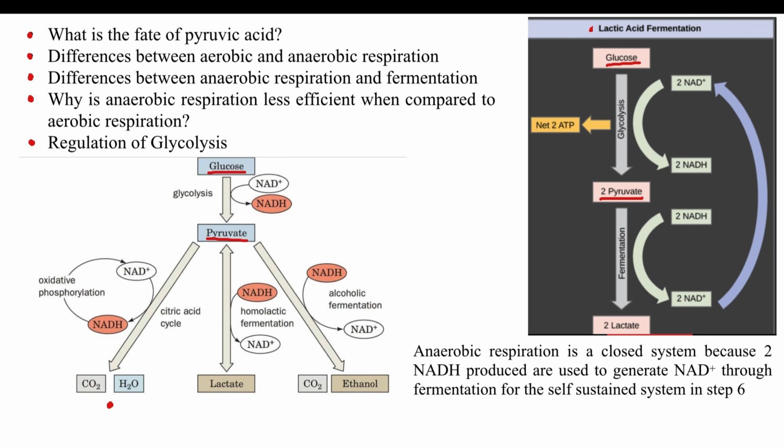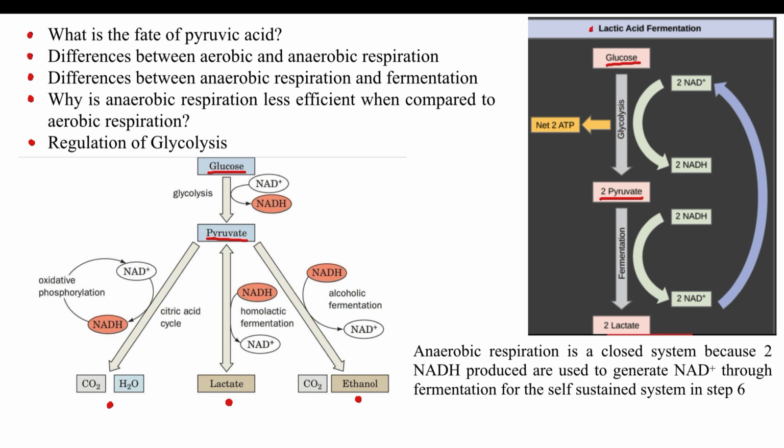If we look at anaerobic respiration or fermentative processes, pyruvate has 2 fates. It can be lactic acid fermentation, which leads to lactate formation. It can be ethanolic fermentation, which will give you ethanol formation. These are important steps.